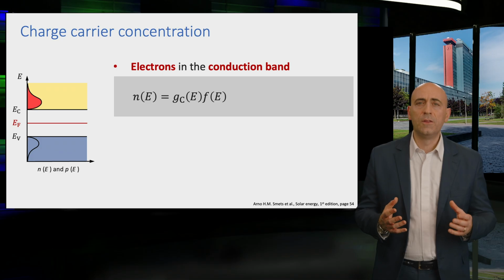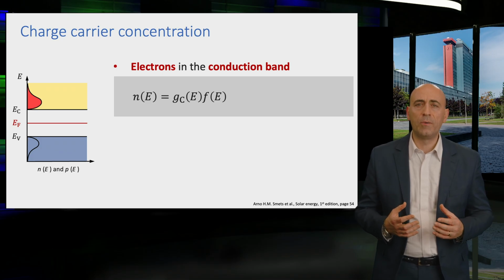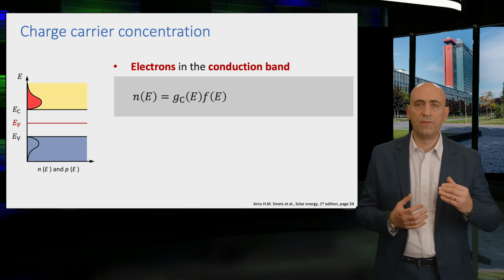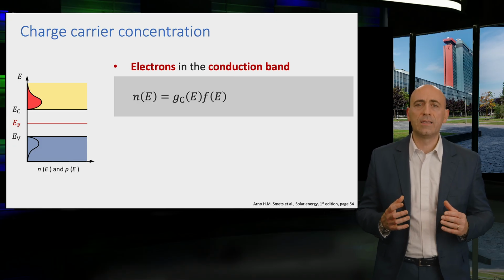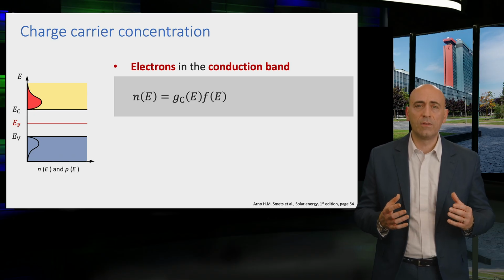As we discussed, the probability of an electron occupying an energy level above the Fermi level increases with increasing temperature. However, as there are no available states in the band gap, no electrons will occupy an energy level in the band gap.